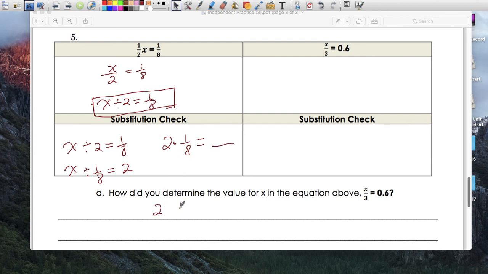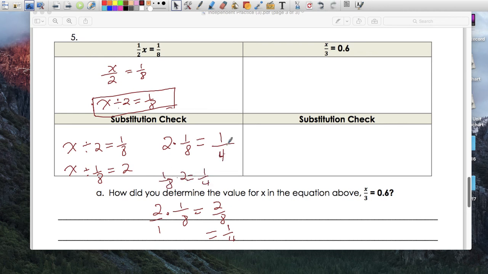So 2 times 1/8, I'm going to put 2 over 1 to become a fraction. On top, 2 times 1 is 2, and 1 times 8 is 8. 2 over 8 simplifies. If I divide the top by 2 and the 8 by 2, that gives me 1/4. So 2 times 1/8 equals 1/4, and that's our mystery number. The other fact I can write is 1/8 times 2 equals 1/4.